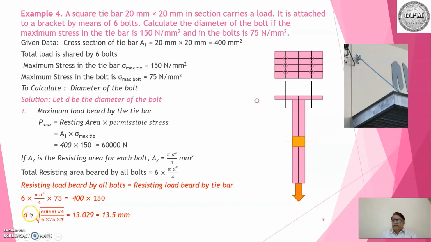When you transfer this, it will go into the denominator, and then you calculate 60,000 into 4 upon 6 into 75 into pi, under root. If you calculate it, you get 13.029. Even if it is 0.02, it is better to always go for the higher value, that is 13.5 millimeter. This is the diameter of the bolt.